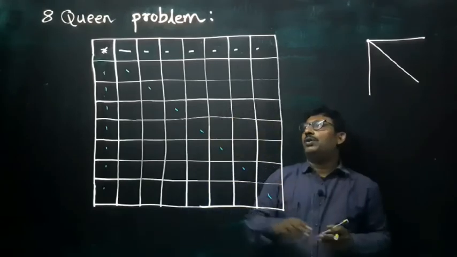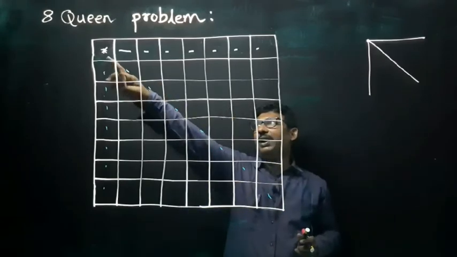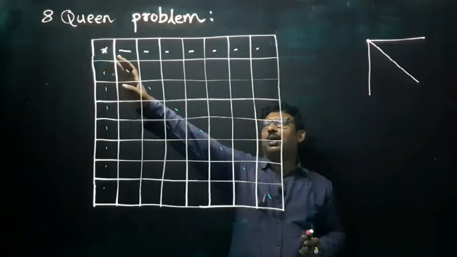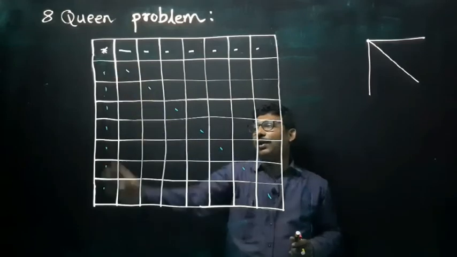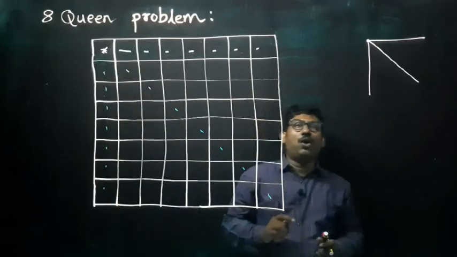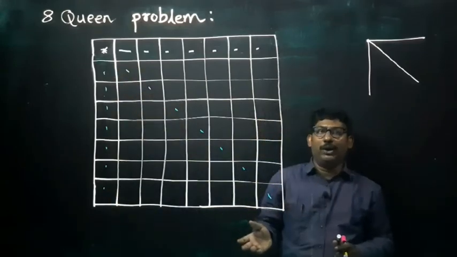So we place the queen here at the first situation where row wise, column wise, and diagonally we can't keep any other queen.